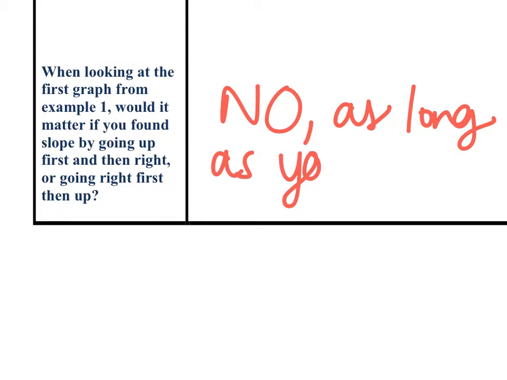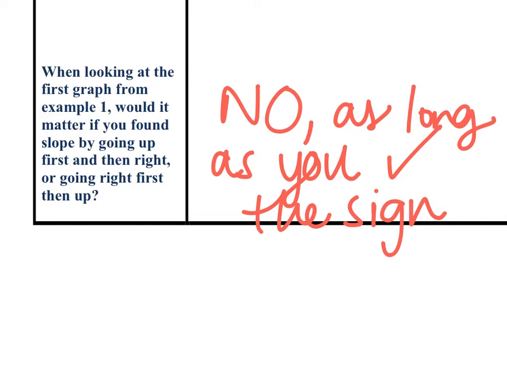Because your vertical change and horizontal change would be the same no matter what. Check the sign. It doesn't matter. So that's your answer for the bottom question there. Does it matter? You can go either way as long as you check the sign and make sure is it positive or negative when you do that.